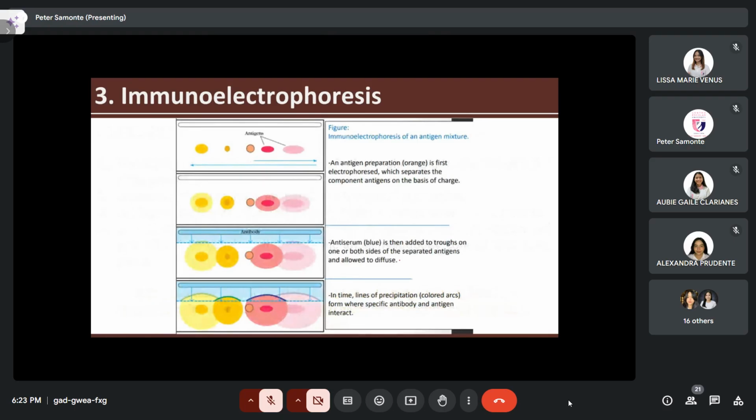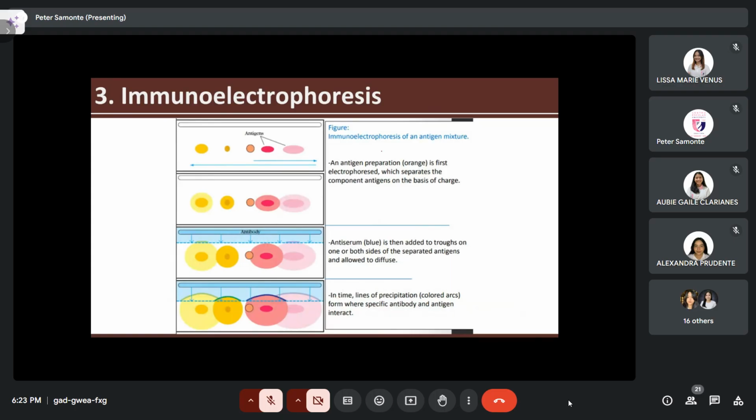So an antigen preparation, yung orange nyo, is first electrophoresed. So yung serum nyo, which is the source of your antigen, would undergo electrophoresis. Ang purpose nun class, as mentioned kanina sa previous slide, is that it would separate the antigens from the other major protein components.